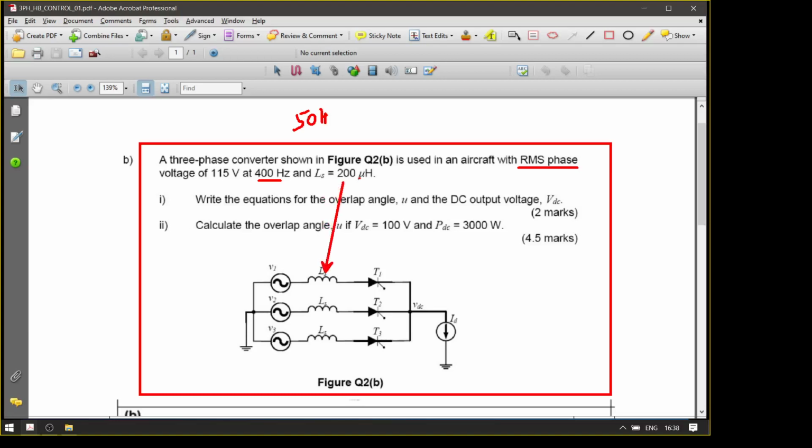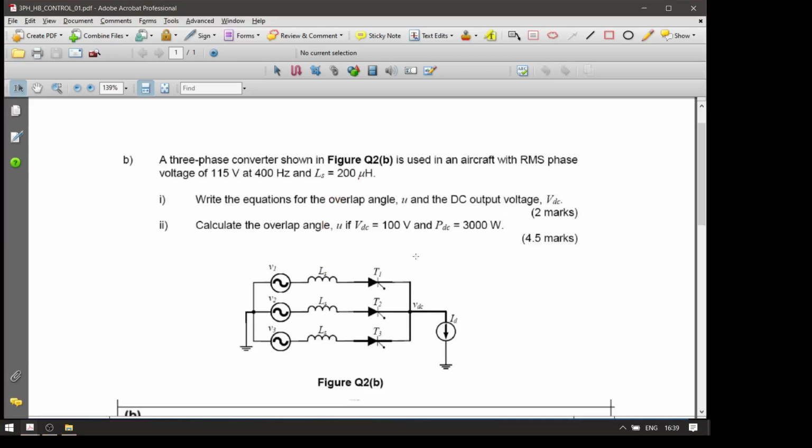Even though it's a straightforward question, the given information has to be correctly identified. For example, you may confuse between phase voltage, peak phase voltage, or RMS phase voltage, isn't it? But in this case, it's not a standard. If it's standard commercial, we have 240 volt RMS phase voltage and 415 volt RMS line to line.